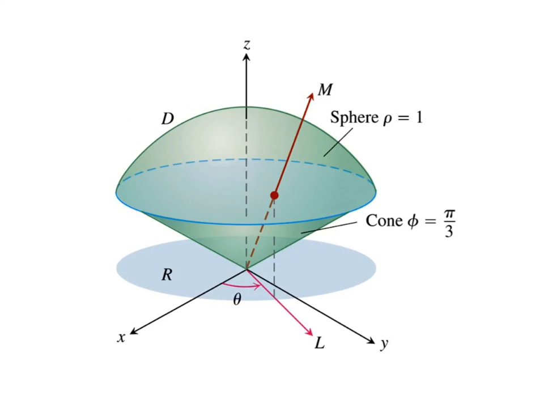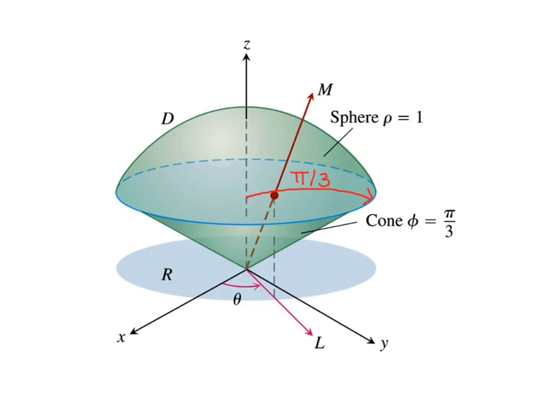Here's another example where we have 2 shapes that are meeting. So we have a sphere and a cone. The cone is phi equals pi over 3, so that's telling us that the angle from the positive z-axis to the edge of the cone is going to be pi over 3.